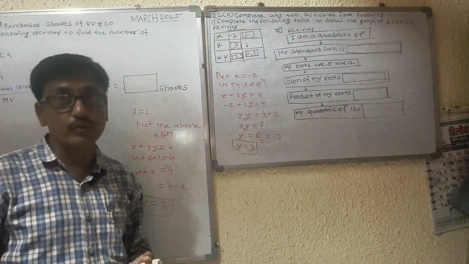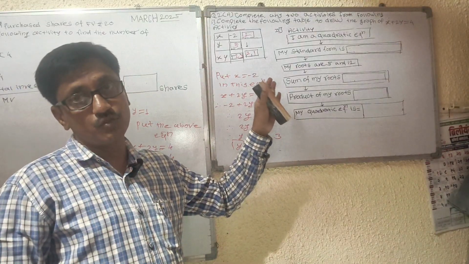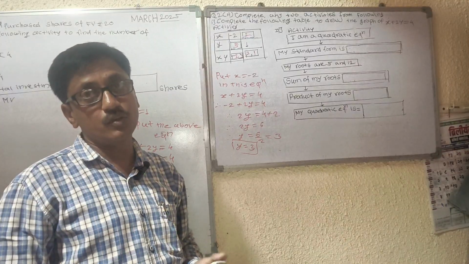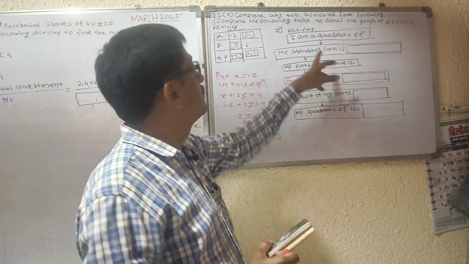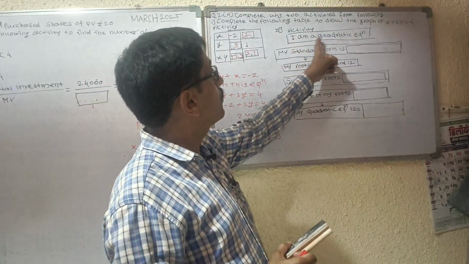Now we calculate the second sub-question. We write this activity very carefully. It is about a quadratic equation.